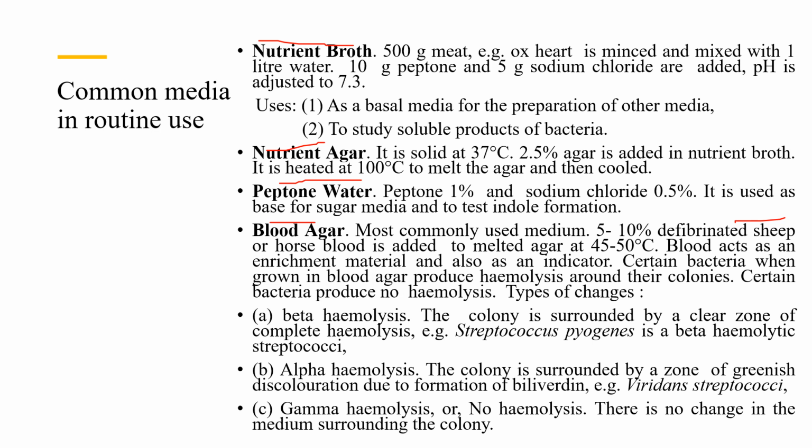Beta hemolysis is when there is a clear zone and complete hemolysis of the RBCs, which is caused by Streptococcus pyogenes. Alpha hemolysis is when there is a greenish zone around the bacterial colony, and gamma hemolysis is when there is no hemolysis caused by the organism.